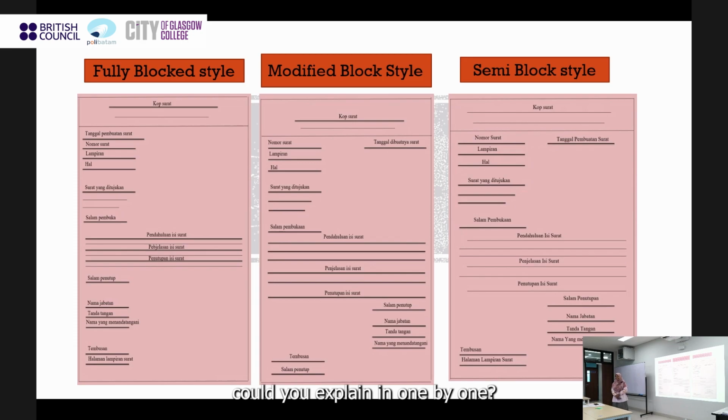Okay. Attachment. Enclosure. Is this right or not?